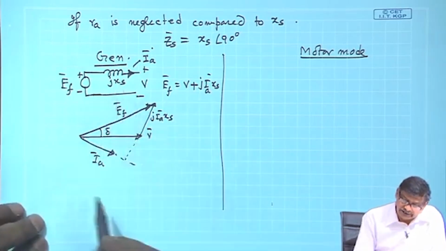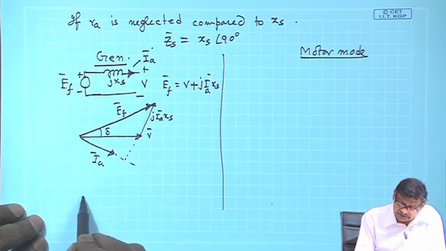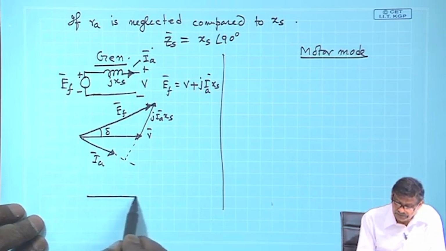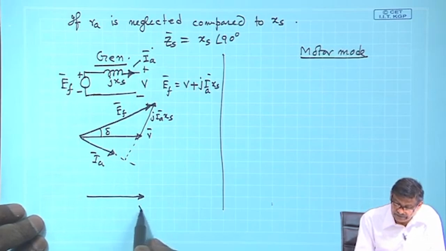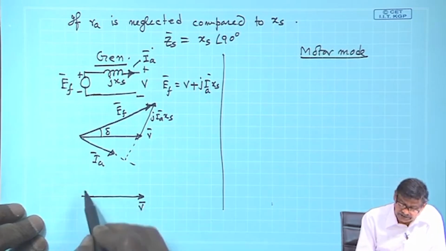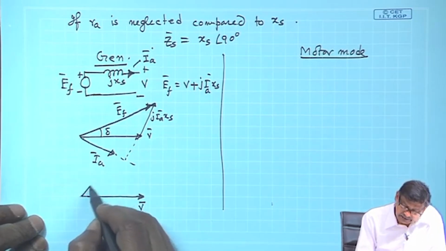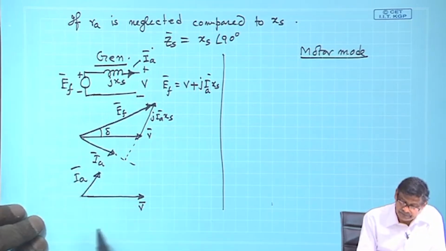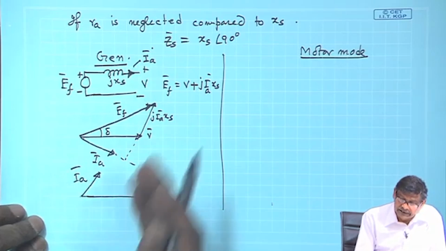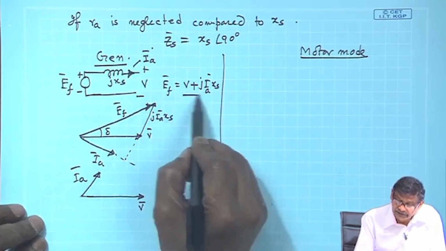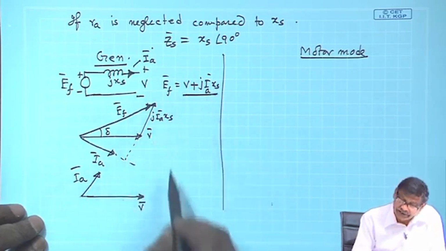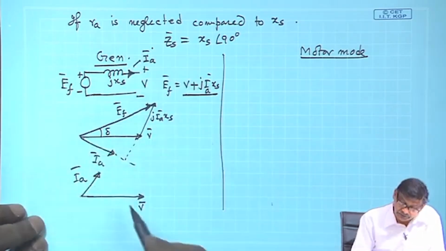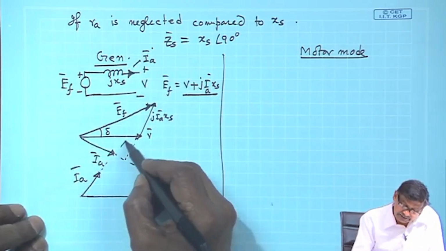If suppose the generator is supplying leading power factor load, then what should I do? V is here. Suppose the generator is supplying a leading power factor load I A. Whether leading or lagging, this equation is true. So, V plus J I A x s I have to draw. Here is your I A direction.